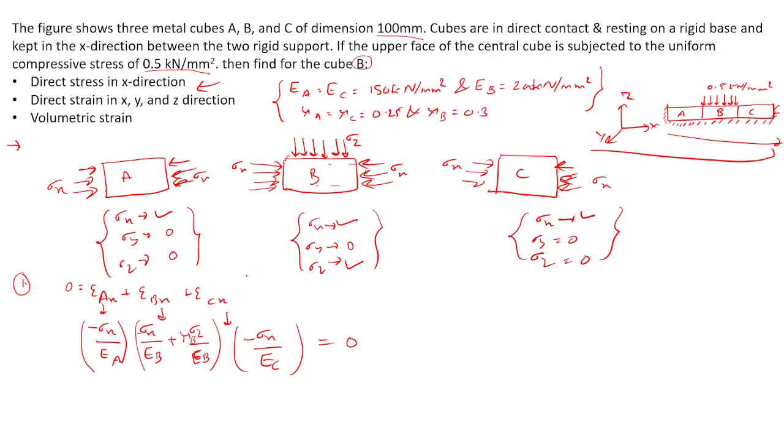So let me know what is the value of sigma x. EA is 150, EC is 150, EB is 200 kilonewton per mm square, and this is also given in kilonewton per mm square. So simply sigma x will come in kilonewton per mm square. Let me know what is the value. You are doing right or not?